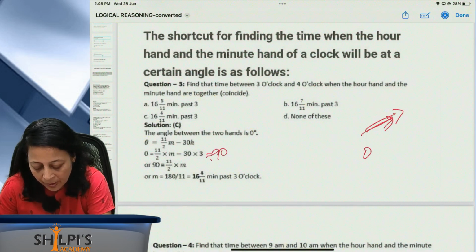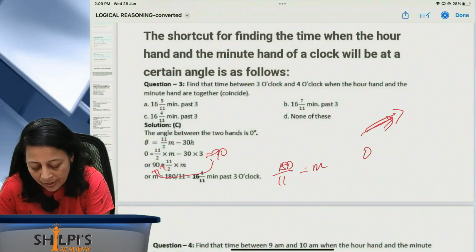Minus 90 becomes positive when you bring it to the other side. So 90 is equivalent to 11 by 2 into m. Now bring this 2 over, 90 into 2 becomes 180 by 11, which is equivalent to your minutes. When you divide it, you get 16 4 by 11. So the option is C.